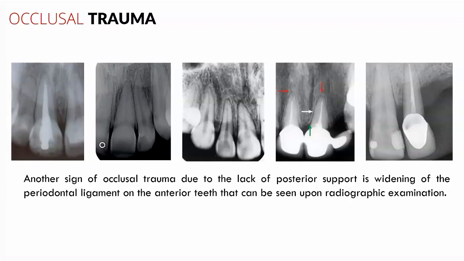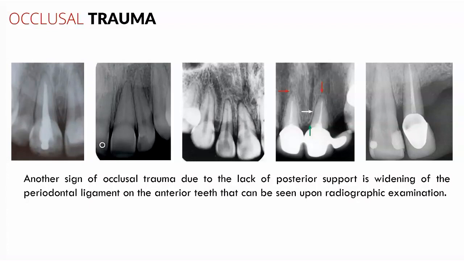So another, and let me point this out, you have that second photo probably is a good comparison. I would say that tooth number 9 here and tooth number 10 exhibit signs of widening of the PDL, whereas tooth number 8 here looks more normal, okay?